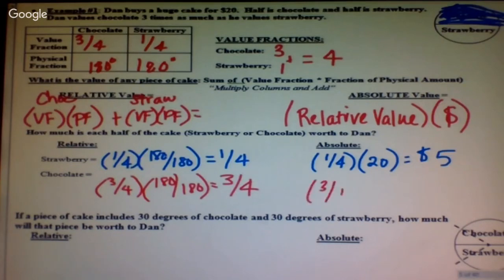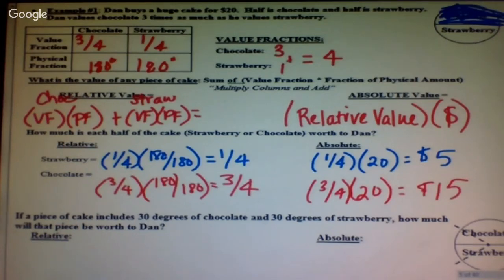So 3/4 times 20. How much in money is this half worth to him? $15. So you would put everything over 180. This one's always going to be at 180 because that's what's available.